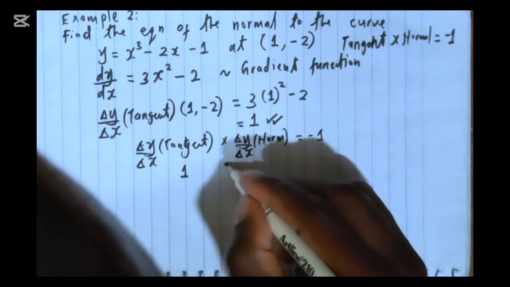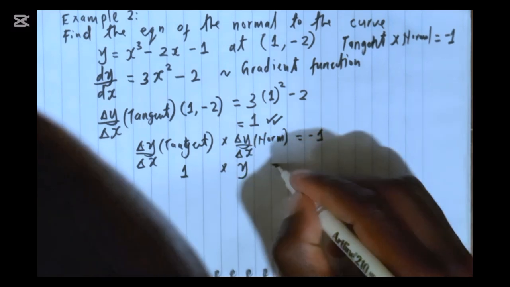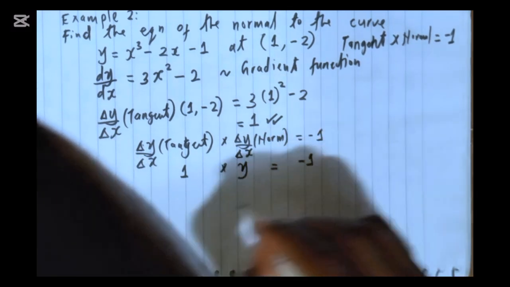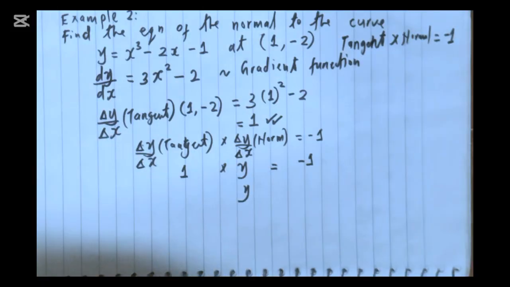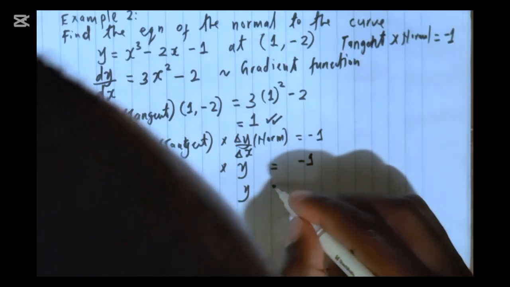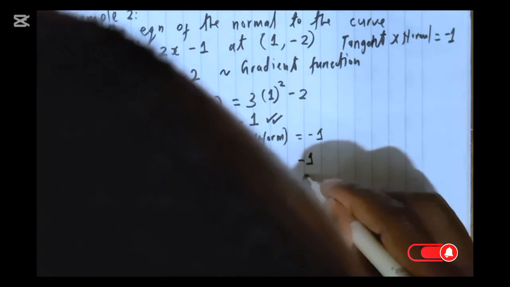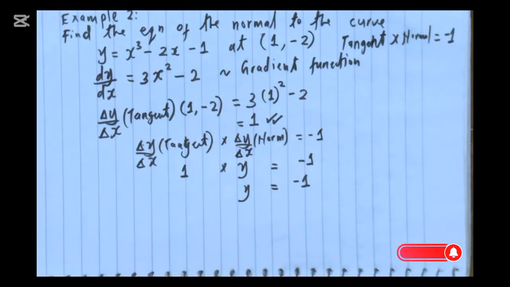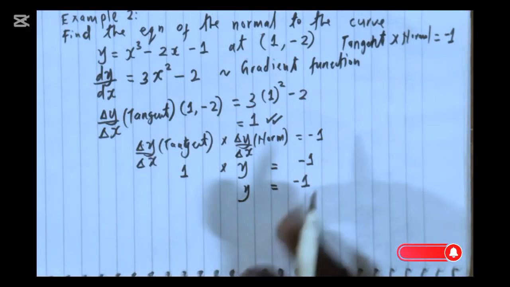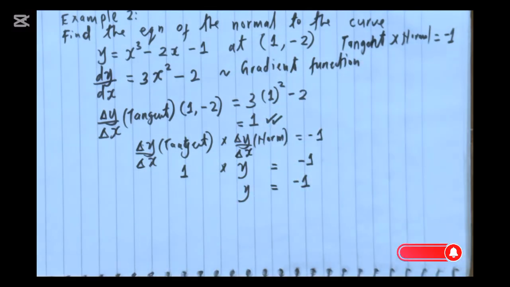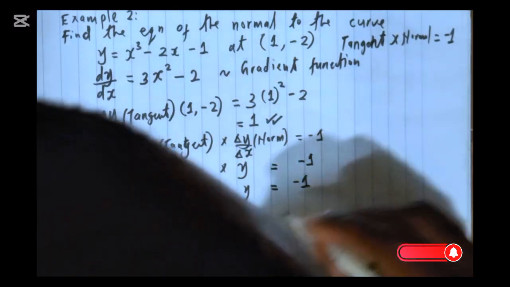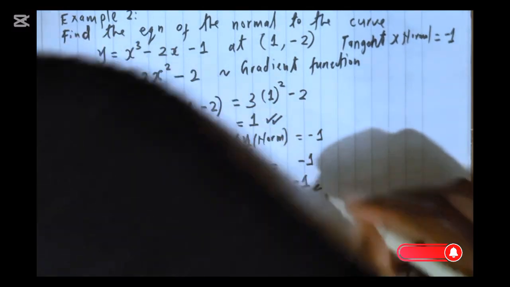And we are having that the gradient of the tangent equals 1. All right, so why don't we give this unknown, let's say, y. So for us to find the gradient of our normal, basically the gradient of our normal is going to be -1. So the gradient of the tangent will be 1, then the gradient of our normal here will actually be -1.